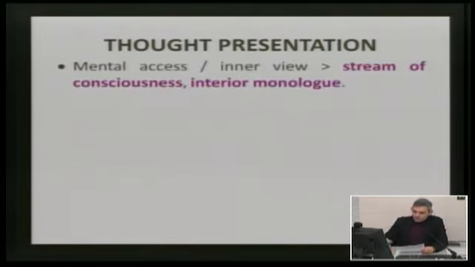The terms stream of consciousness and interior monologue are used when characters' thoughts are conveyed. So stream of consciousness and interior monologue when there is an attempt to capture, to record what the character is thinking or feeling.